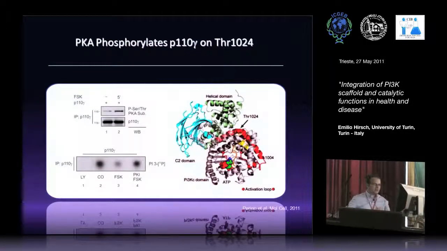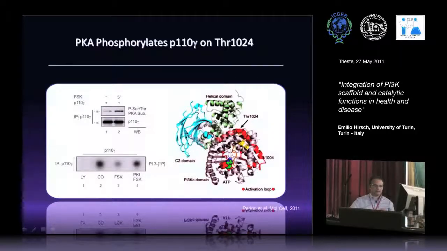So we also showed that PKA can directly phosphorylate the PI3 kinase gamma. And we also showed that phosphorylation of PI3 kinase gamma by PKA is able to downregulate the enzymatic activity. We mapped the phosphorylation site. It's this threonine 1024. As you see here, this is the catalytic loop.